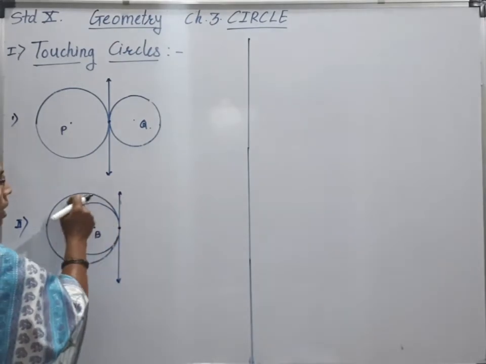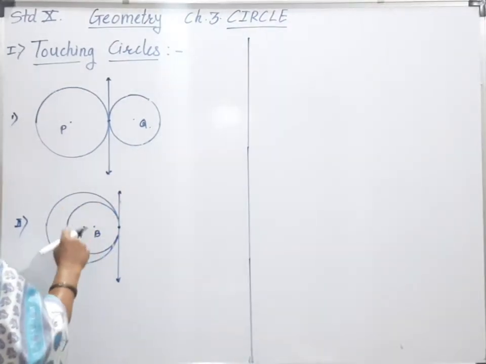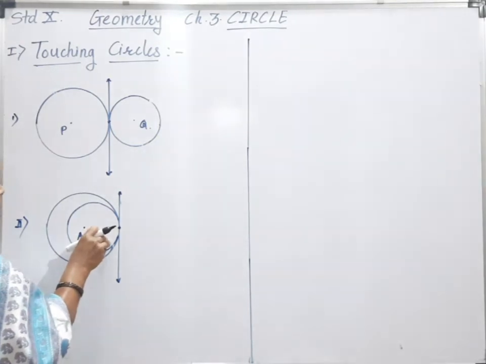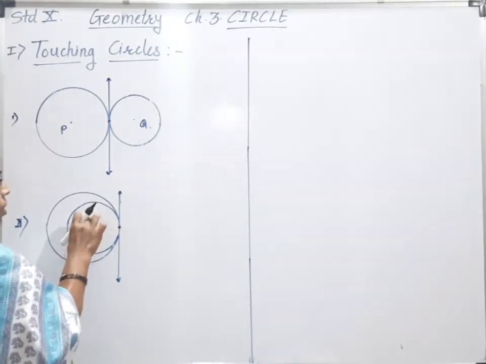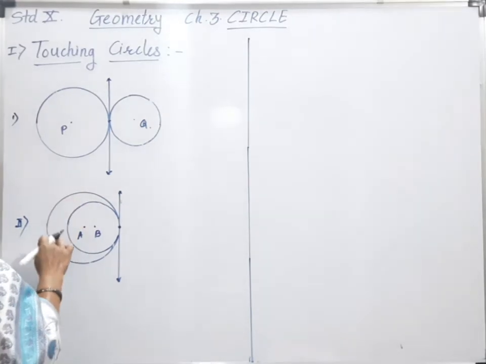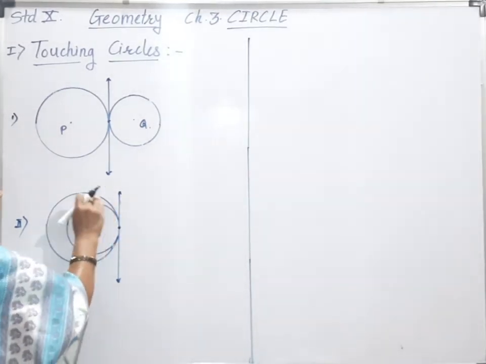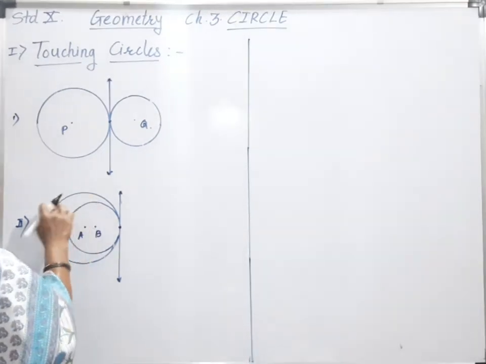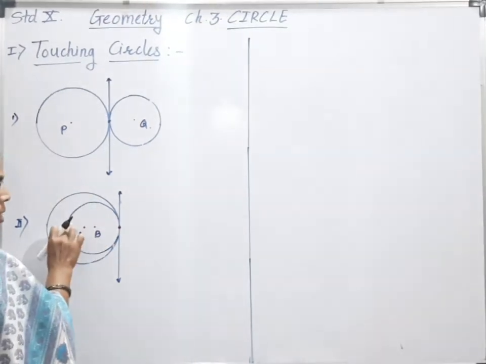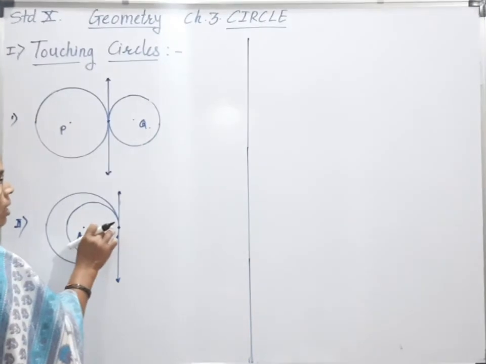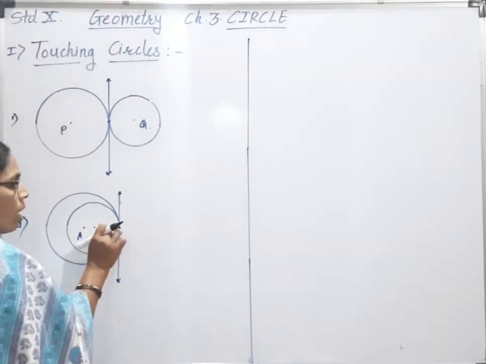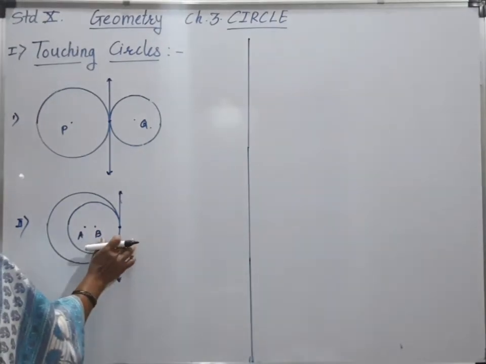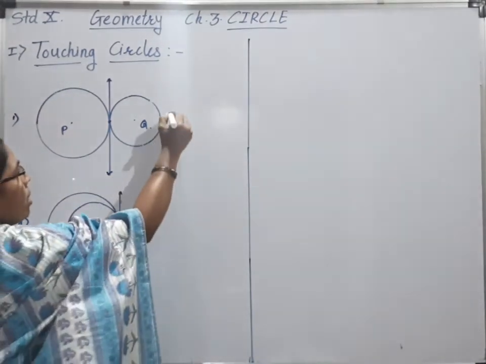And we can see the area of the smaller circle is included in the area of the bigger circle. Means the smaller circle is inside the area of the bigger circle, and these two circles are touching in a single point. That's why it is internally touching circles, and these are externally touching circles.